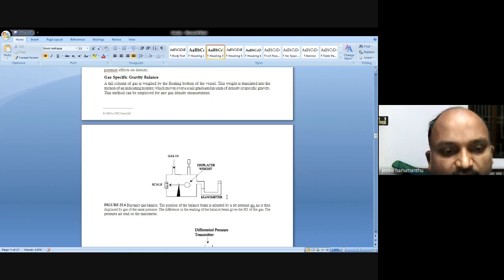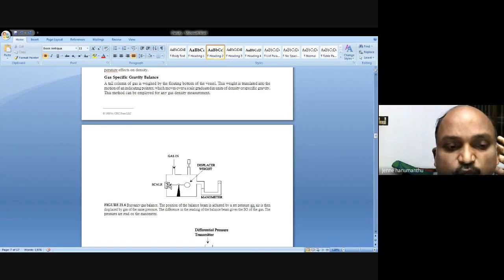When the gas is inlet, the gas density is calculated like this. When gas is inlet, the weight is displaced, and the scale moves towards some value.